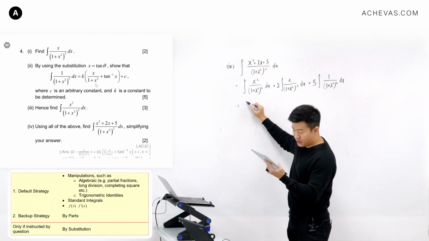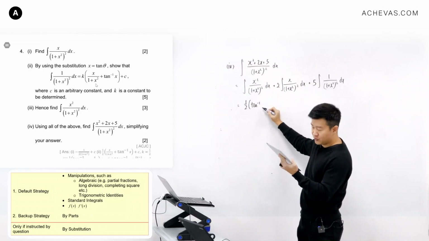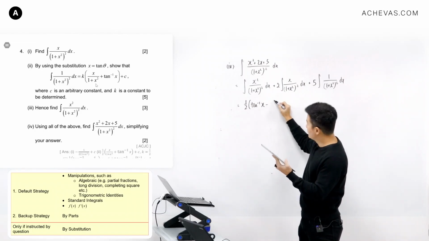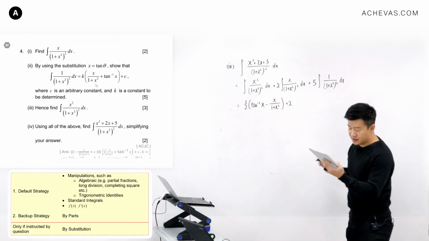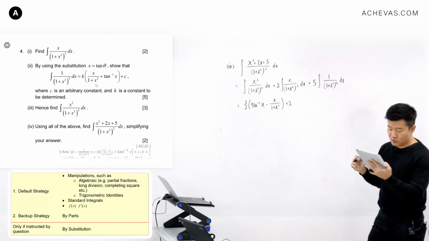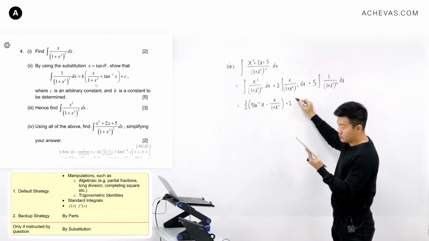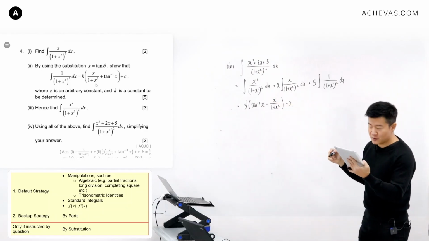It is, for this, it is going to be equal to half of tangent inverse, making use of part 3's result, minus away x over 1 plus x squared. Then plus 2 times of this, I'm going to make use of the result from part 1.